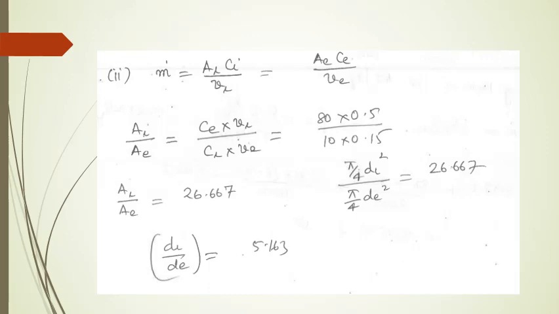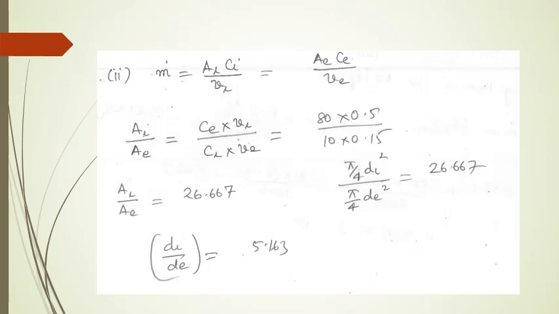Now mass flow rate is equal to AI CI upon VI, and is also equal to AE into CE upon VE, where CI and CE are the velocities at inlet and outlet, VI and VE are the specific volumes at inlet and outlet, and AI and AE are the corresponding cross-sectional areas at inlet and outlet.